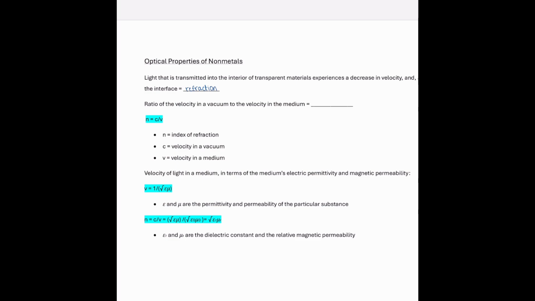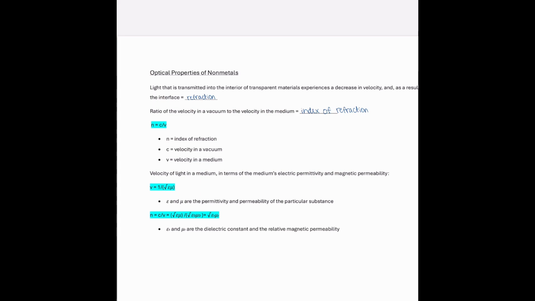So, we've got a pretty important ratio to talk about, and that is the index of refraction, which is the ratio of the velocity in a vacuum to the velocity in the medium. And again, it's called the index of refraction. All right, and so we got another formula here.